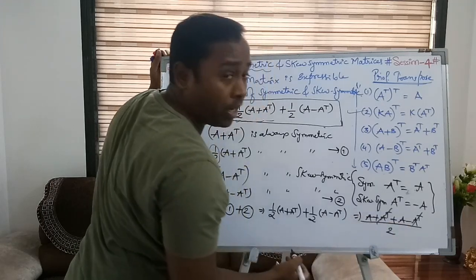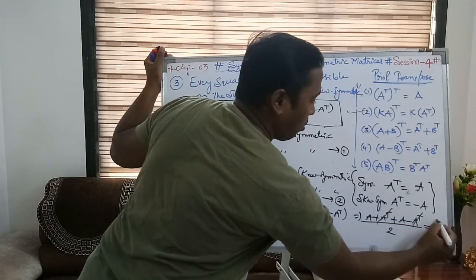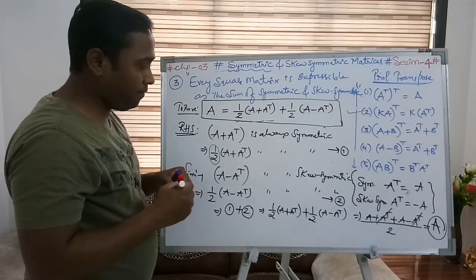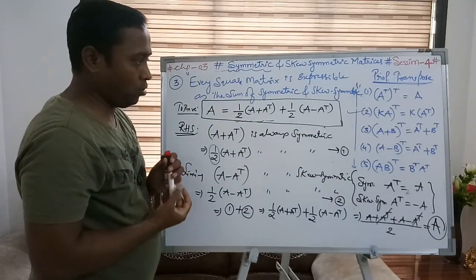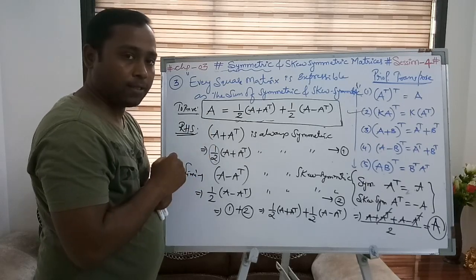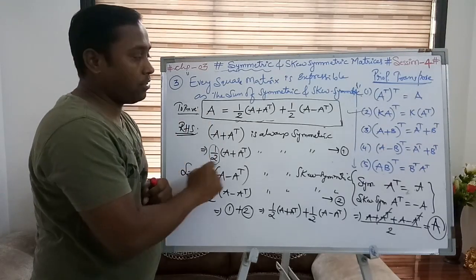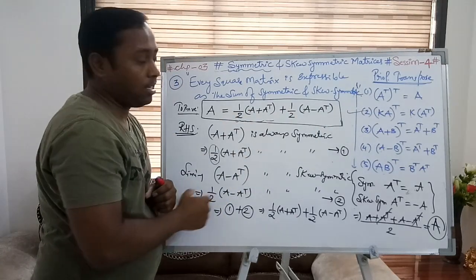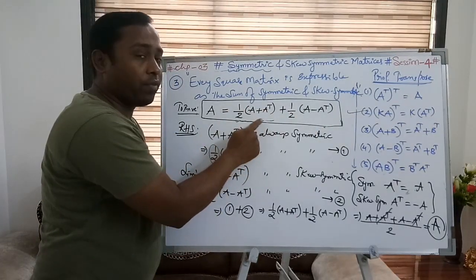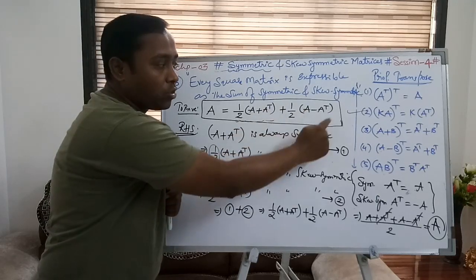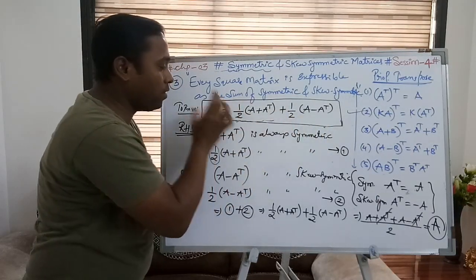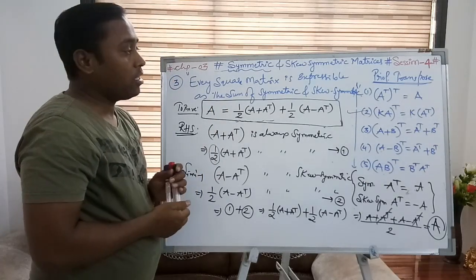So A plus A is 2A, 2A by 2, which always results into a matrix A. So it shows that every square matrix can be written as the sum of symmetric and skew symmetric matrices. This operation is always symmetric, this operation is always skew symmetric, hence their addition will give a matrix A.